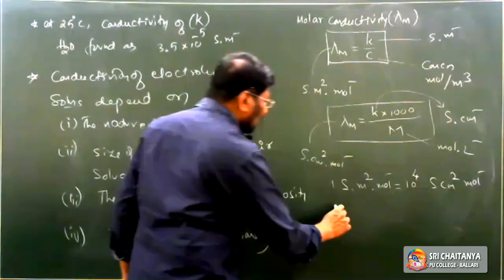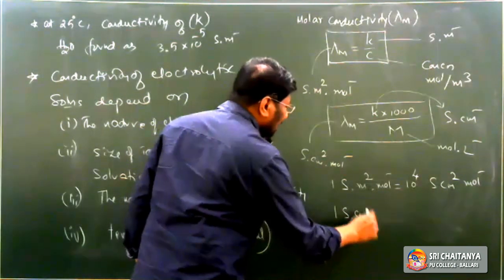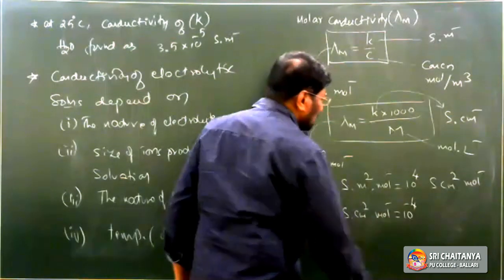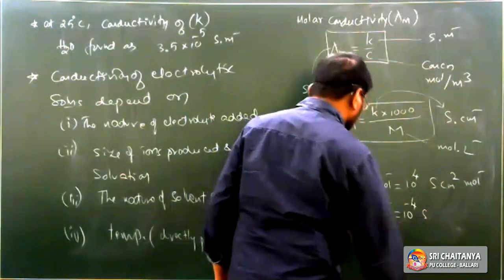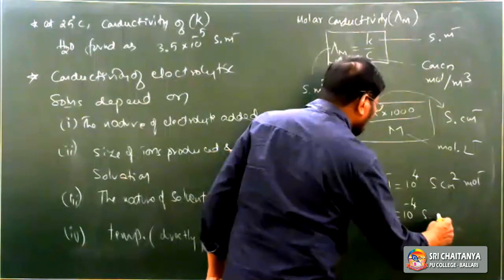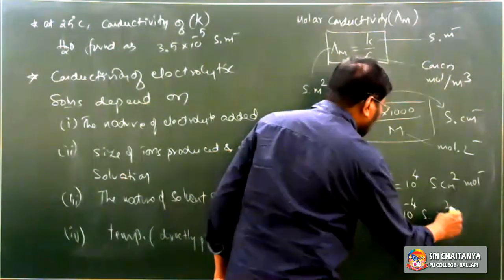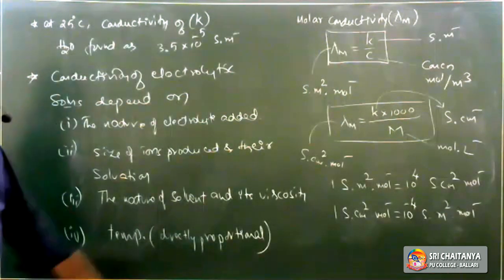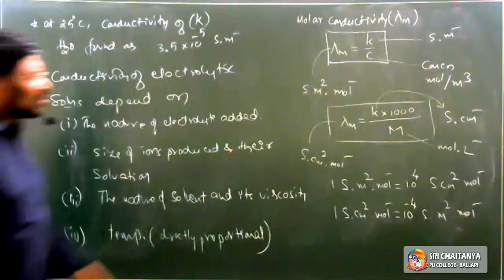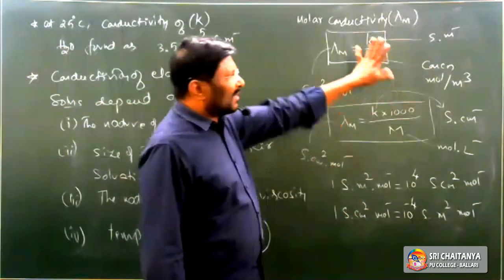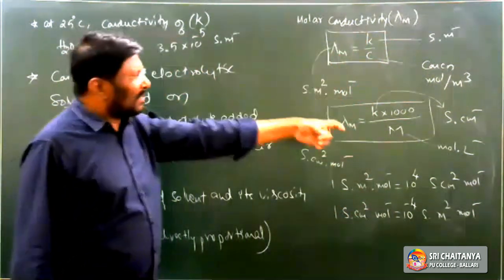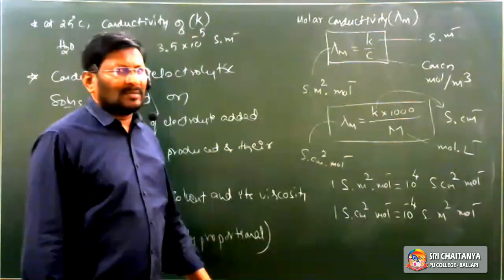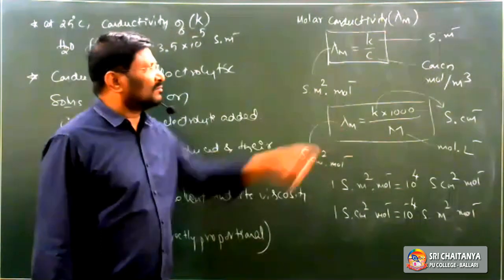Otherwise, 1 Siemens centimeter square mole inverse is equal to 10 power minus 4 Siemens meter square mole inverse. In that way also you can convert. So please remember these two formulae. This we will be using regularly.